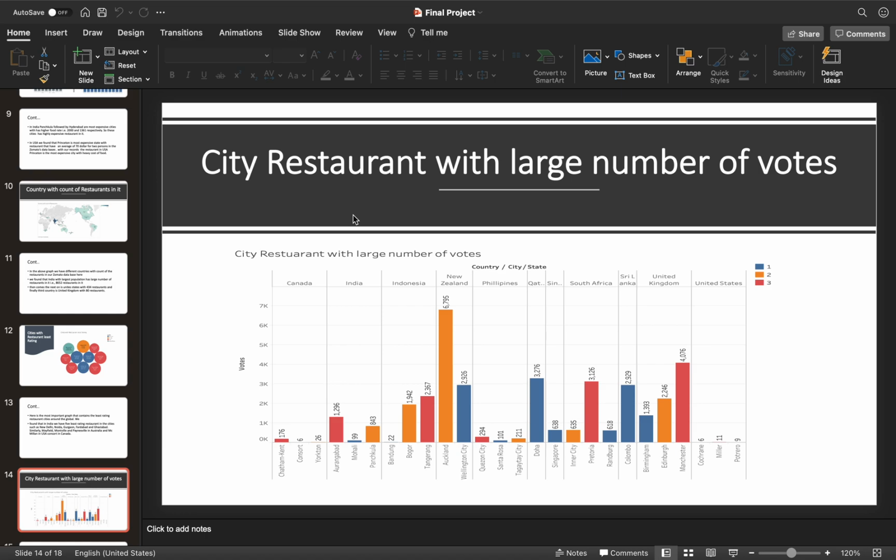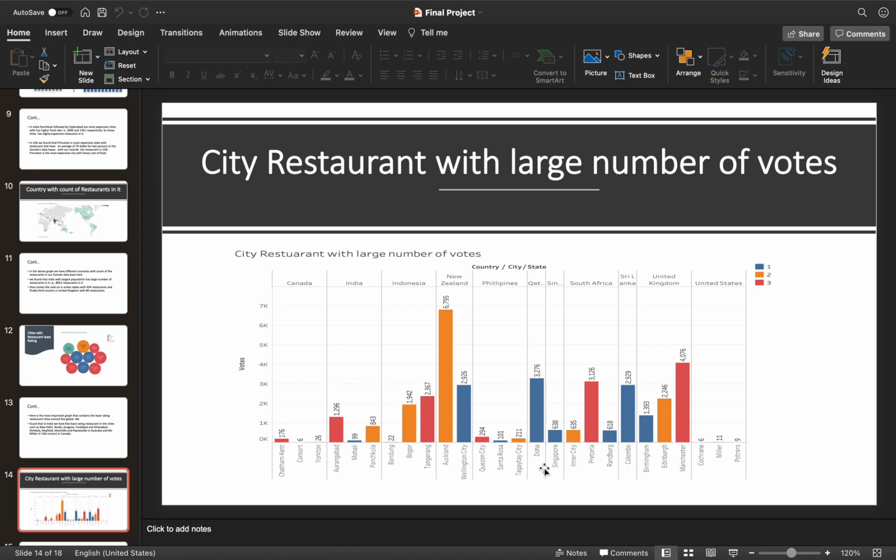And the last but one, the city with a large number of votes. In New Zealand, the city Auckland has a large number of votes, 6,795, and the next place is Wellington City with 2,926.